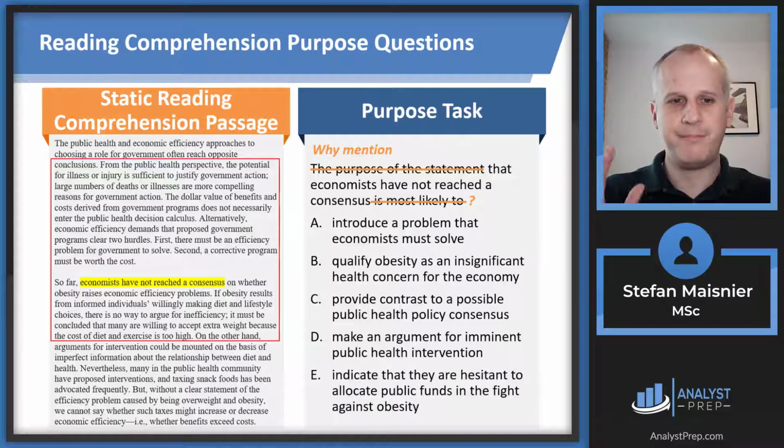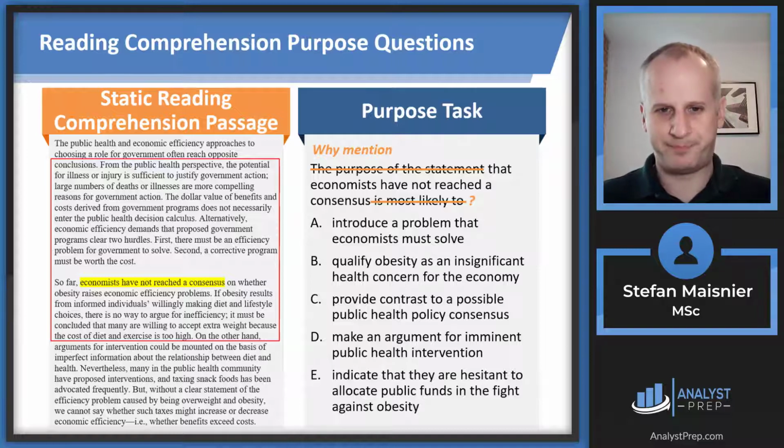So from the public health perspective, the potential for illness or injury is sufficient to justify government action. Large numbers of deaths or illnesses are more compelling reasons for government action. The dollar value of benefits and costs derived from government programs does not necessarily enter the public health decision calculus. Alternatively, economic efficiency demands that proposed government programs clear 2 hurdles.